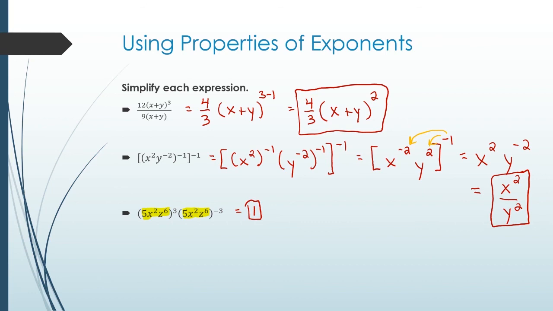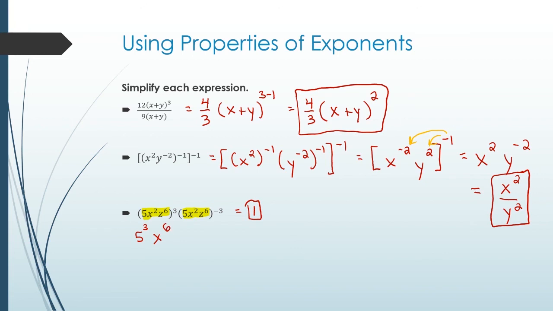So that starts by distributing your exponents. So everything in the first one gets the 3: 5 cubed, and then, because I'm anticipating running out of room, I'm going to multiply my exponents together at the same time. So 2 times 3 is 6, so that's x to the 6th.